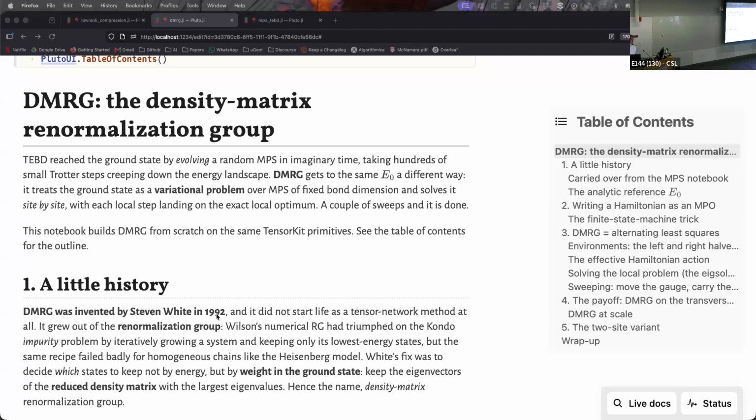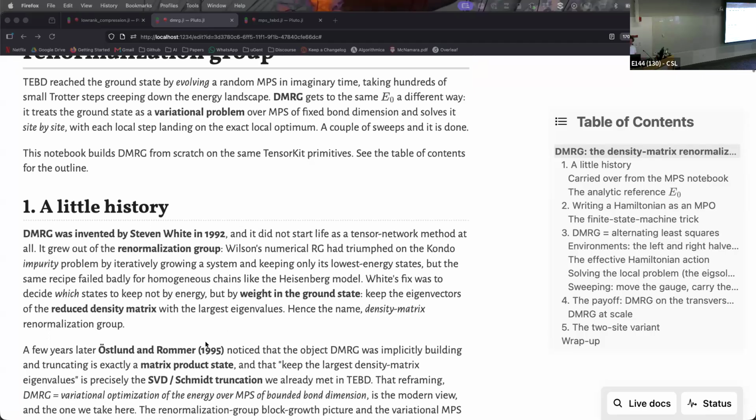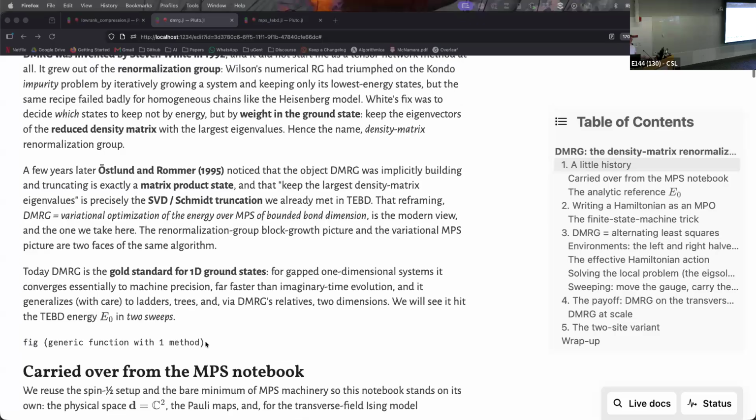But afterwards, it turned out that it is in fact completely equivalent to doing a variational minimization on the manifold of matrix product states. DMRG really is the thing you want to do if you care about a ground state, and it works incredibly well.